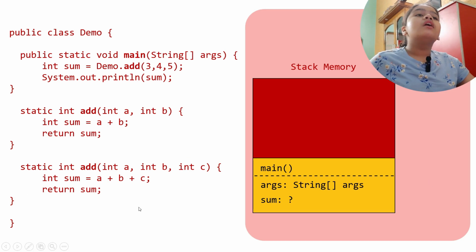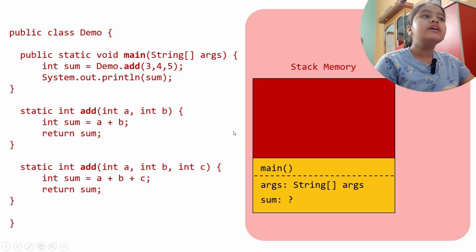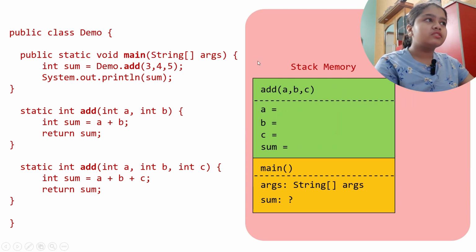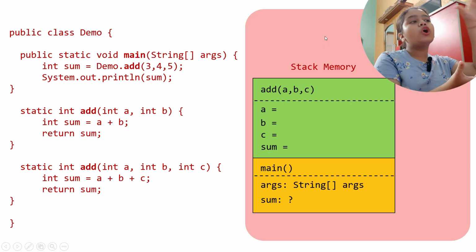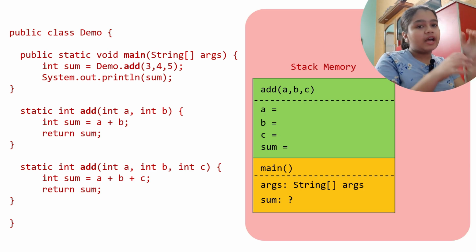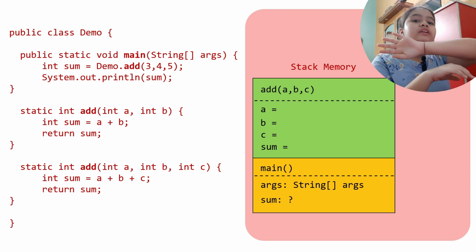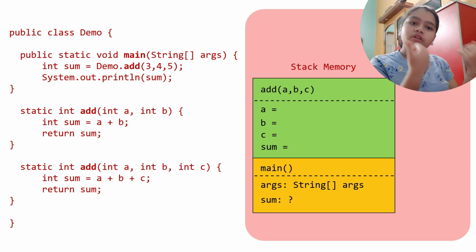So this add method is getting called. Now when a method is getting called, another stack frame comes into view like this, right? So another stack frame gets added on top of the main method. As I said, it cannot be added below, it needs to be added at the top, and it needs to be popped off from the top.